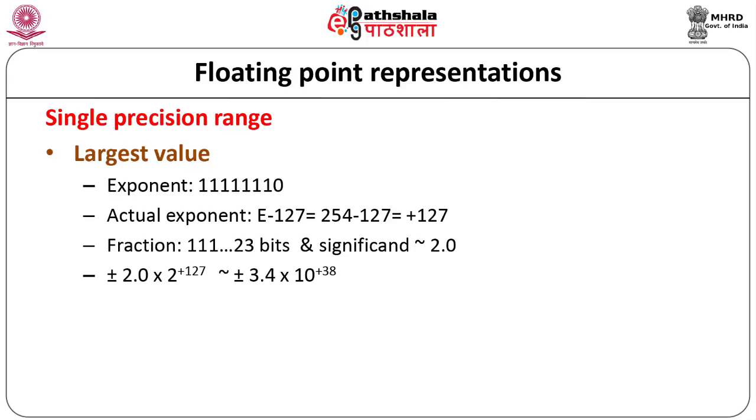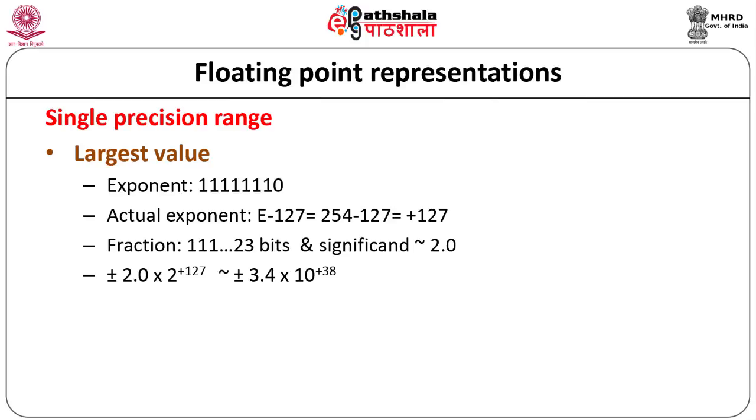The fractional part is 000 up to 23 bits and the significand is 1.0. Thus, it represents a floating point number plus minus 1.0 into 2 raised to minus 126, or approximately plus minus 1.2 into 10 raised to minus 38.